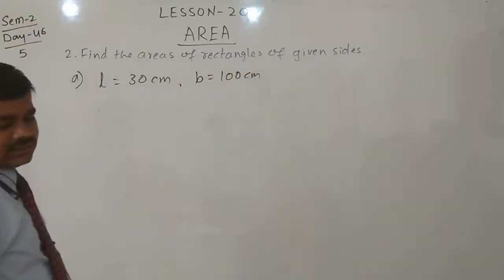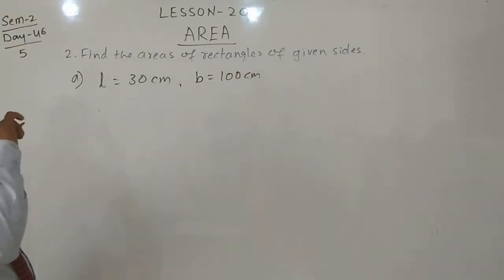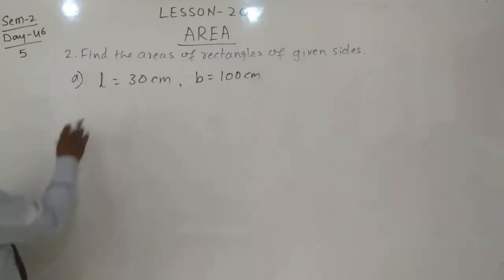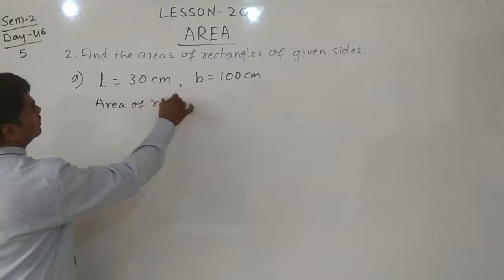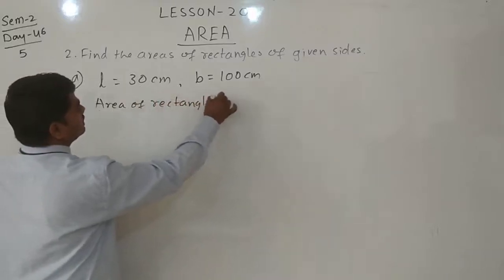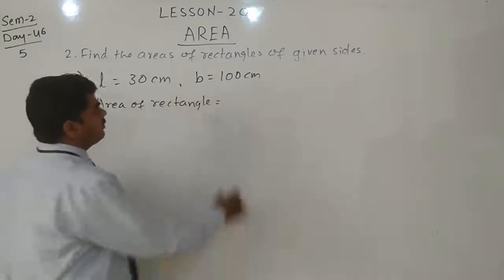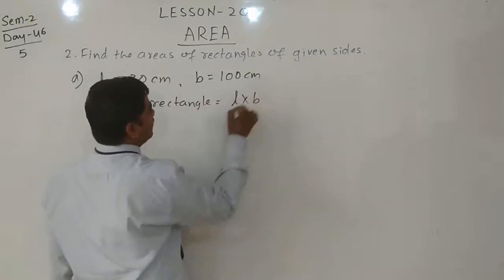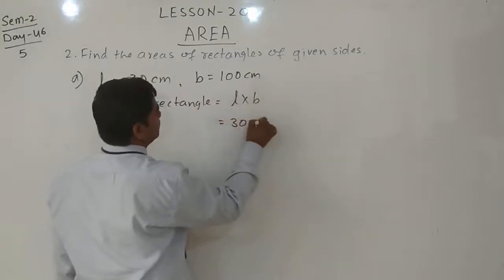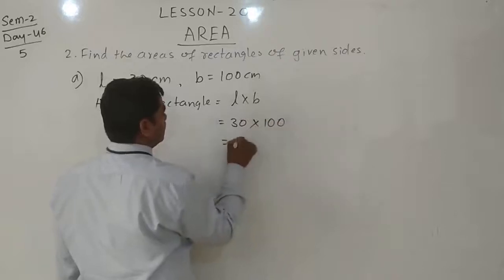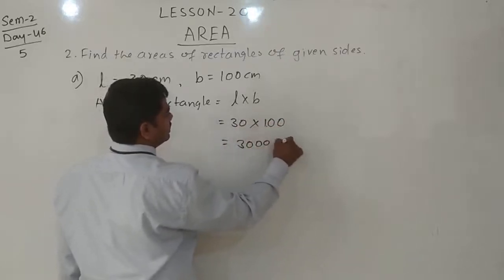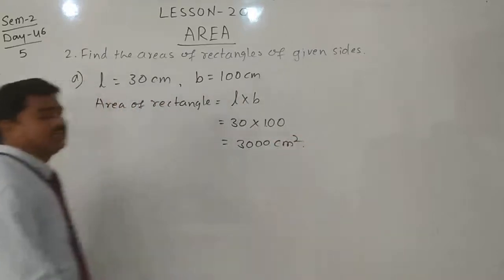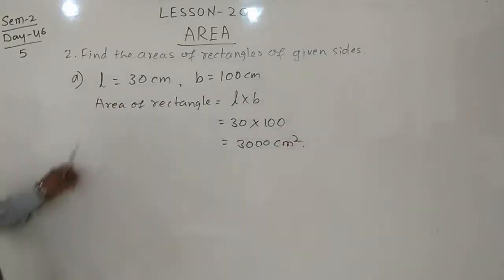We know the formula. What is the formula? Area of rectangle is equal to length into breadth, L into B. That is, L is 30 centimeter into 100. Then 3 ones are 3, and 3 zeros. This is centimeter square. 3000 centimeter square is the area of the given rectangle.